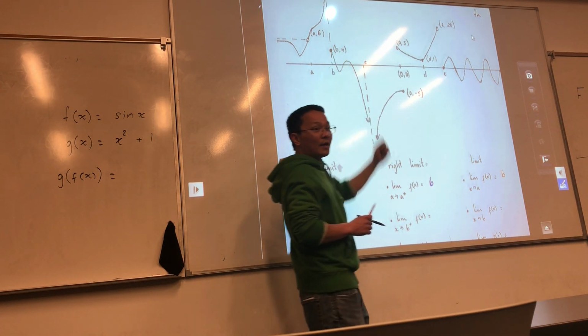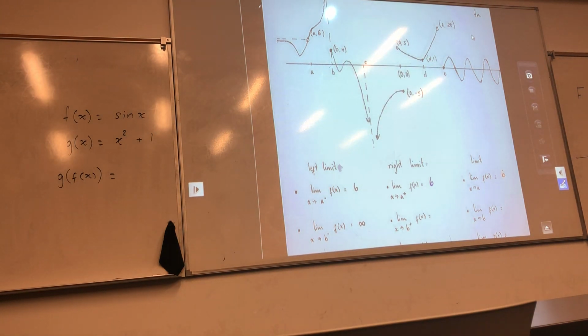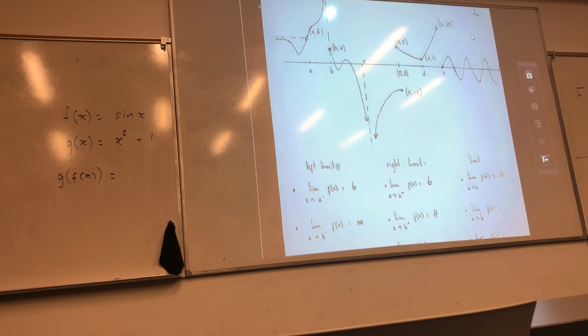B comma 4, right? Okay, so this is 4. And therefore, what is the limit at B? Does not exist. Is that okay? Yeah?